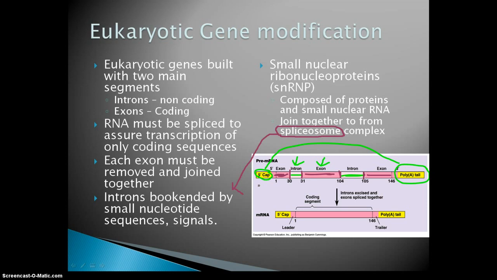So these protein structures and this RNA structure allow this excision, this splicing of exons to occur. And so we call the combination of nucleoproteins and nuclear RNA a spliceosome. And the spliceosome actually removes the introns and joins the exons together, and that creates what we finally would call messenger RNA.